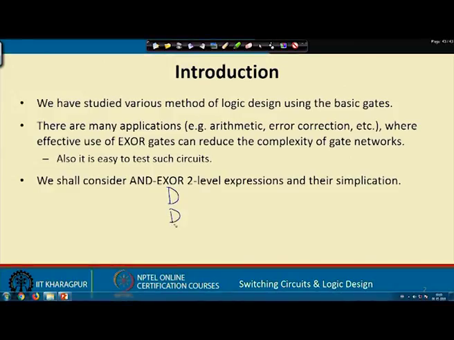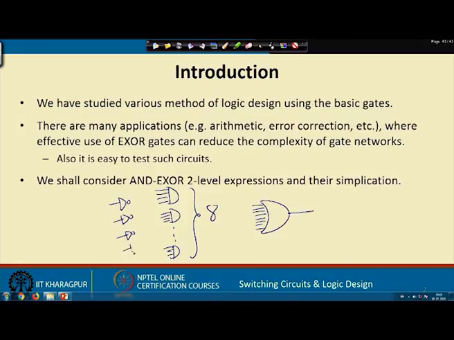So, in an AND-OR realization, what we will require? We will be requiring 8 AND gates, each containing 4 inputs each, and in the last stage we will be requiring a large OR gate with 8 inputs. And of course, in the inputs we will be using some NOT gates in addition, there will be 4 NOT gates for the 4 inputs.